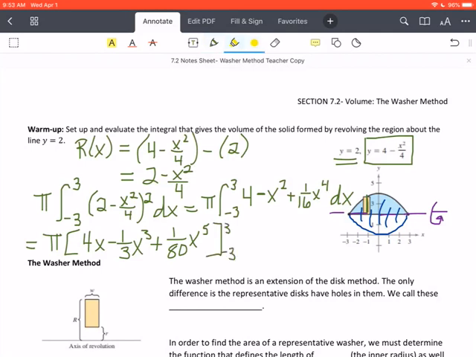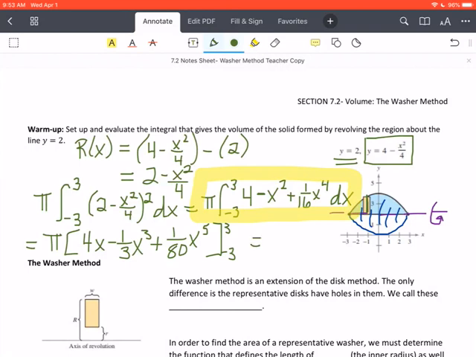Now at this point, you could use the integrate feature on your calculator, and it will give you a decimal, but it's a non-rounded decimal, so you can go back to your home screen and convert it back to a fraction, a rational number.